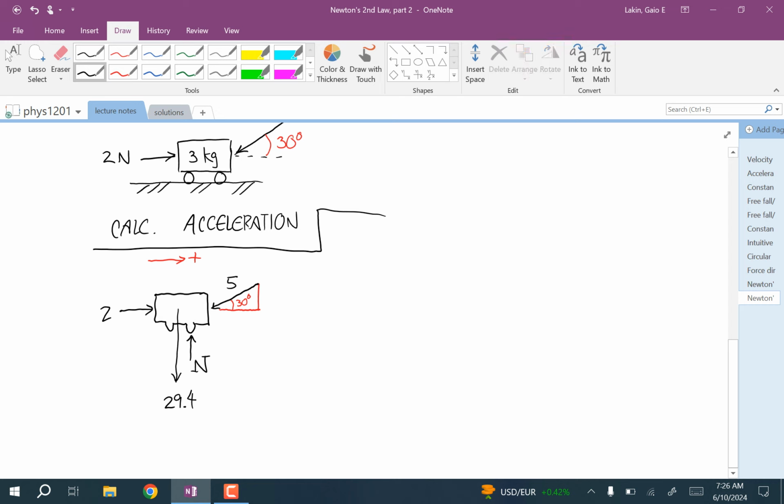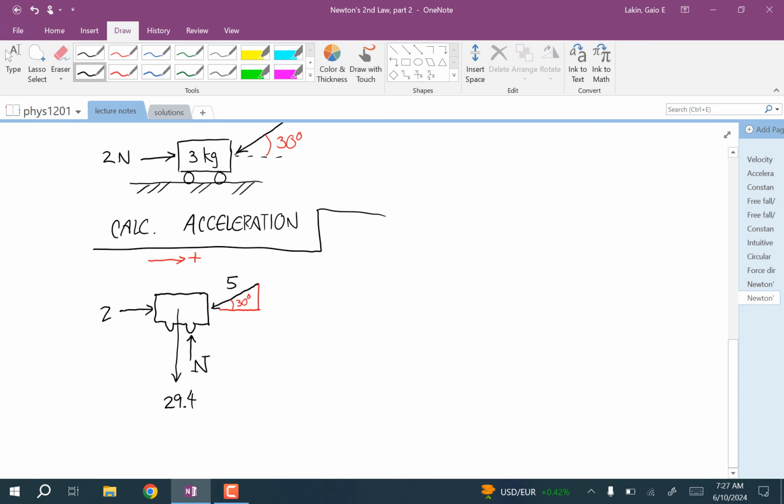And now we've broken this up into parts that are perpendicular and parallel to the line of motion. So this vertical leg of the right triangle is not going to show up in Newton's second law. The horizontal leg is going to. So we have to figure out the length of that horizontal leg.